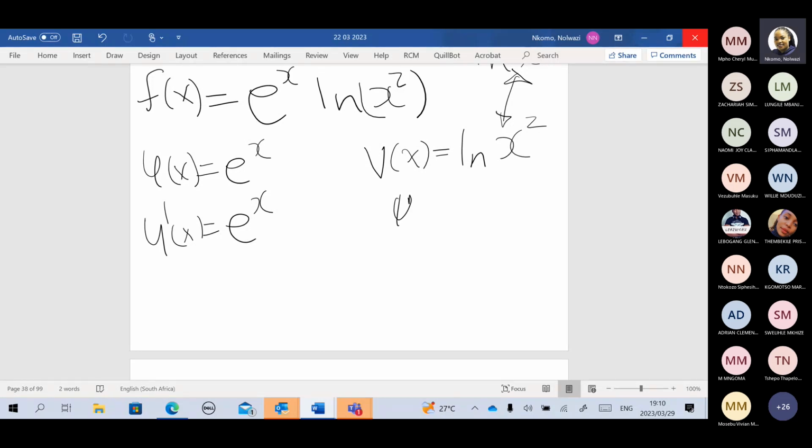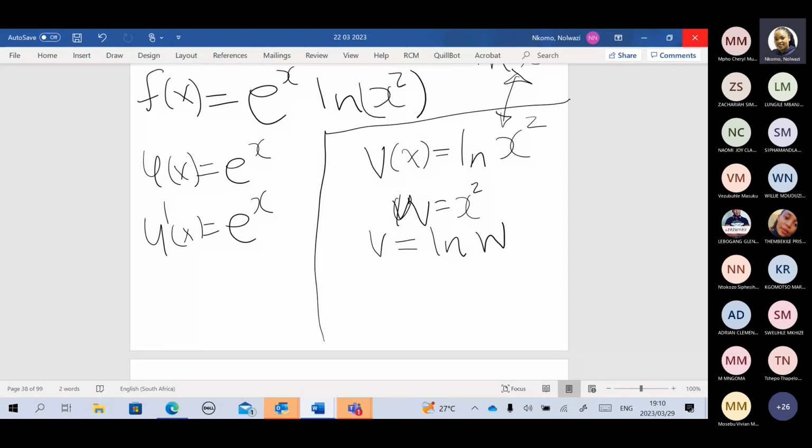Let me introduce another variable, w equals x squared. This means v is equal to ln w.